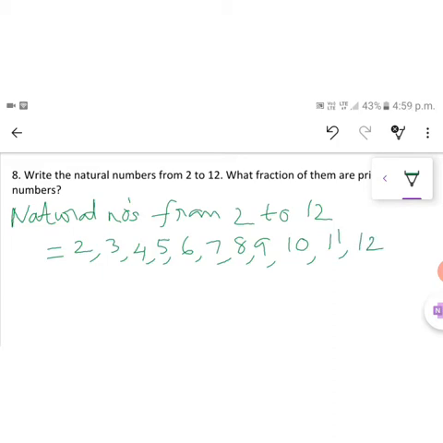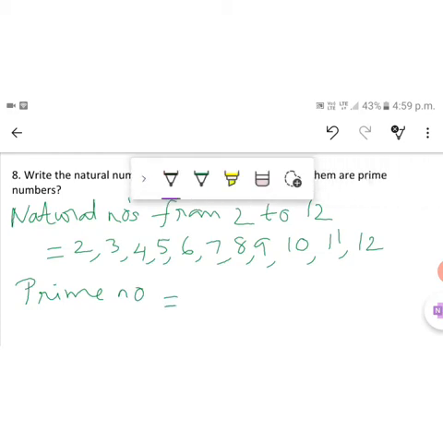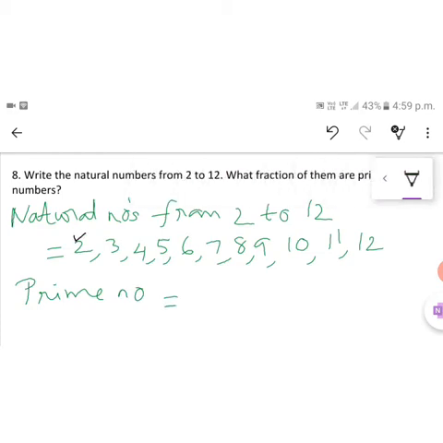Prime numbers from these are 2, 3, 5, 7 and 11.